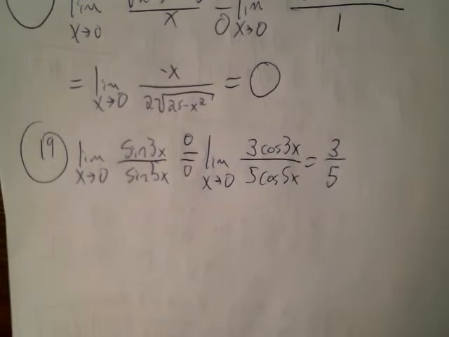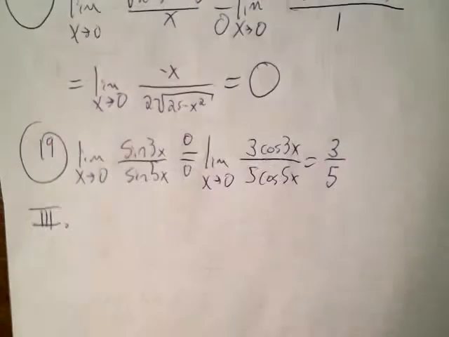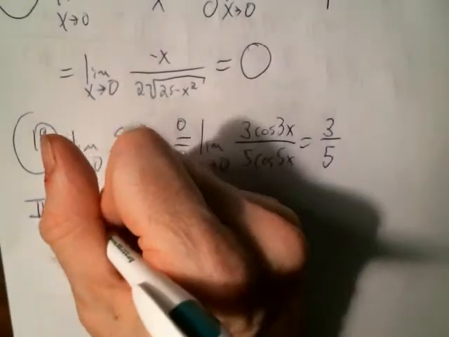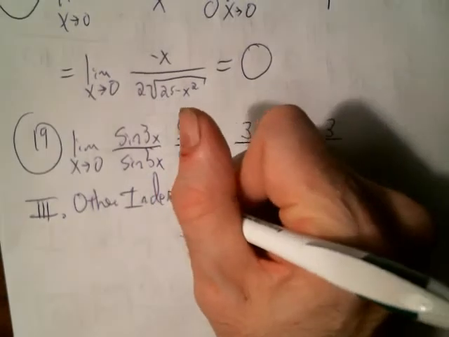Using this method of L'Hopital's, you can attack other indeterminate forms. Okay, so section 3, there are basically 3 other types that we should be able to do after this section. So, other indeterminate forms.